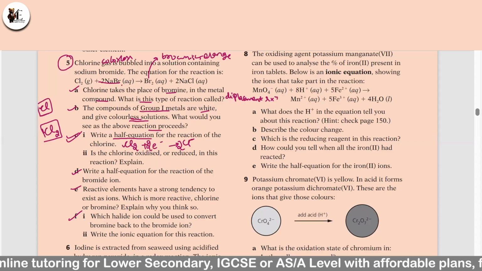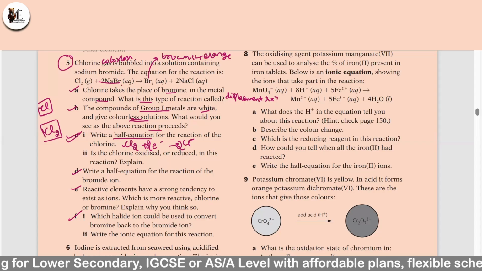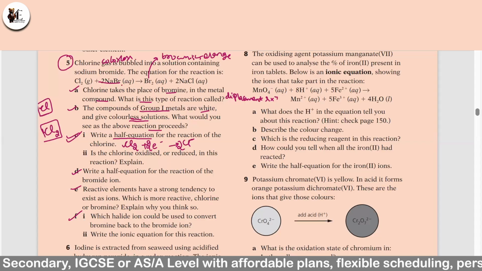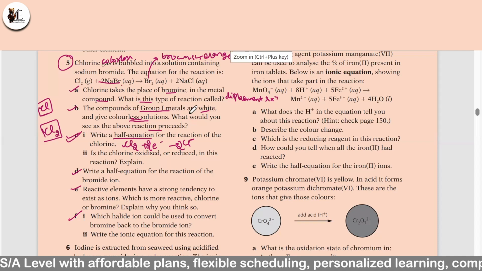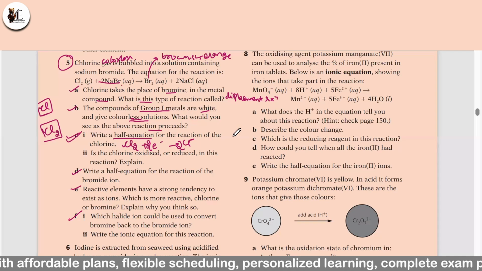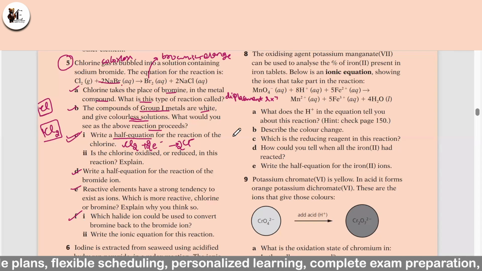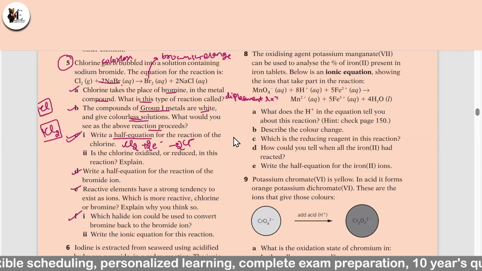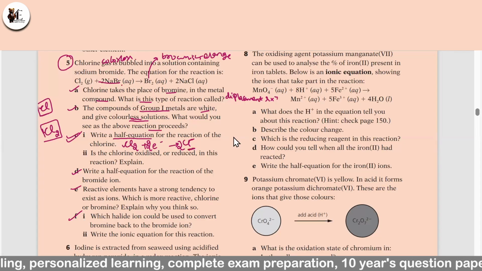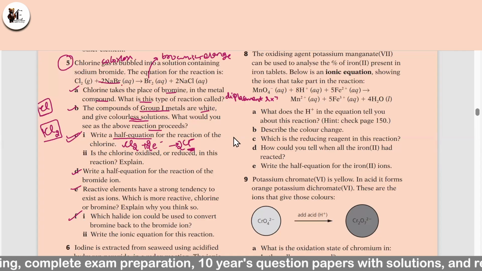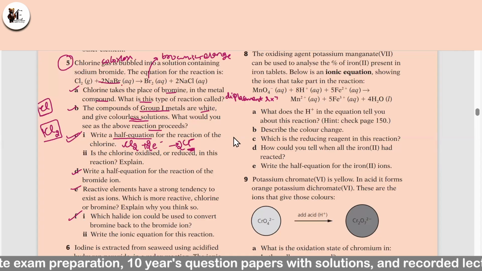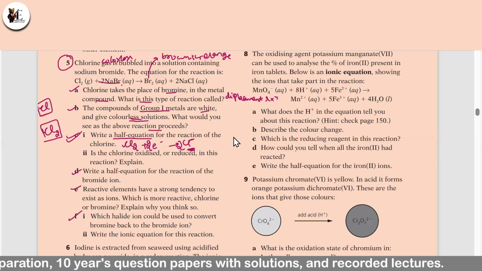So the equation is Cl2 gas plus 2 electrons gives 2Cl minus. Because this is the chloride ion, which you are saying as NaCl. Chlorine always exists as a diatomic gas.